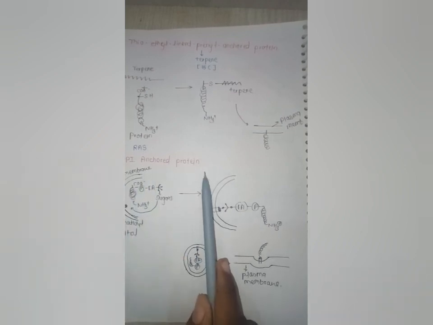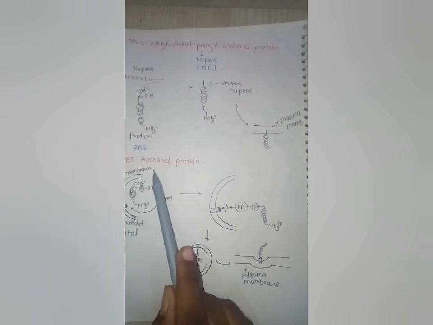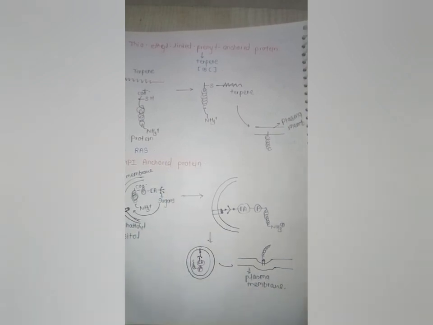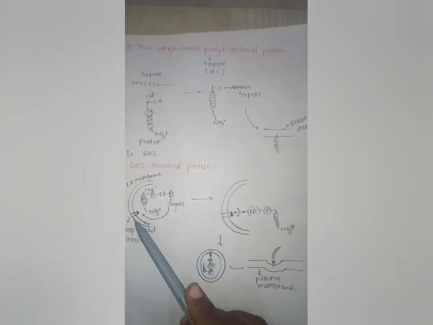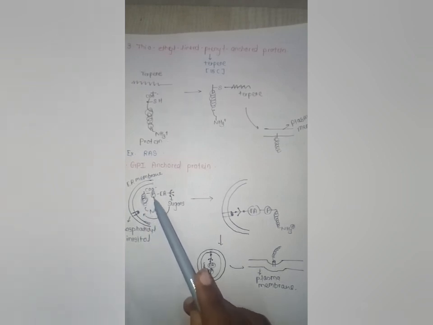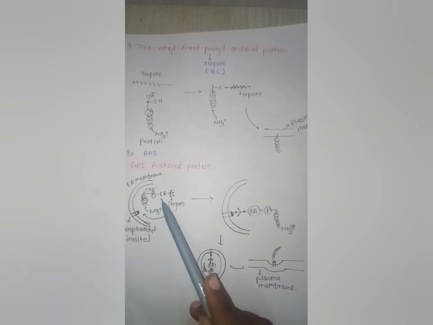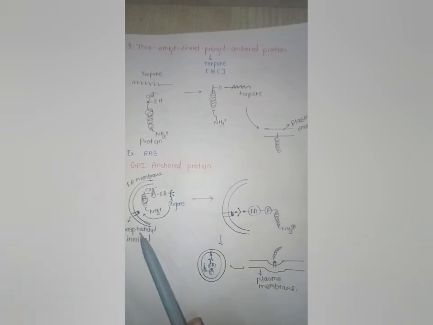Last one is GPI anchored protein. In this diagram you can see this is the endoplasmic reticulum and this is the inside of the endoplasmic reticulum, that is the ER membrane. Inside this we can see the protein, which is attached to a phosphate bond, which is attached to ethanolamine, and ethanolamine is attached to 3 or 4 sugars, and this is phosphatidyl inositol.